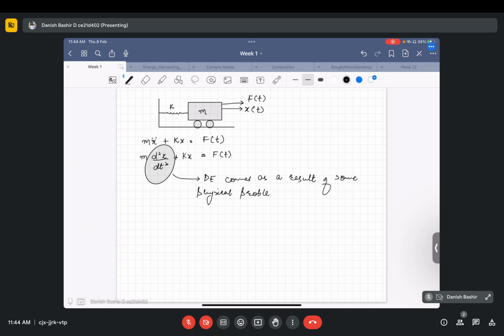We wanted to see how its position varies as a function of time. We are not aware of what this function will be. So, to get this x of t, which is actually the solution of this differential equation, we need to solve this differential equation.